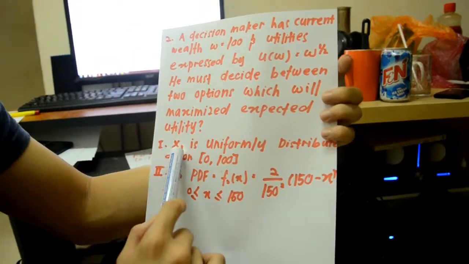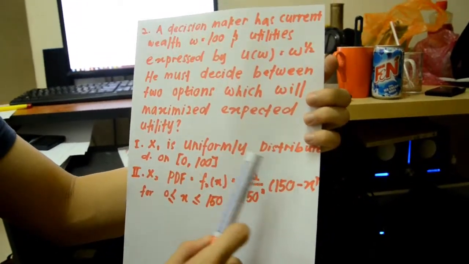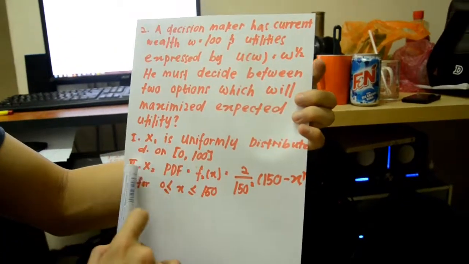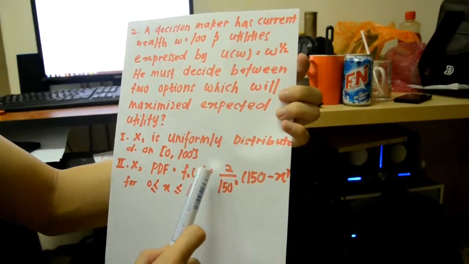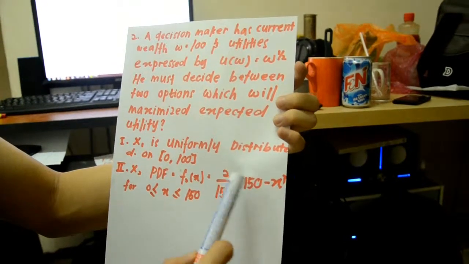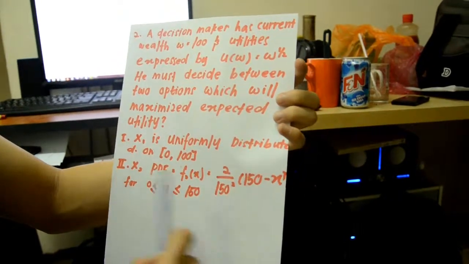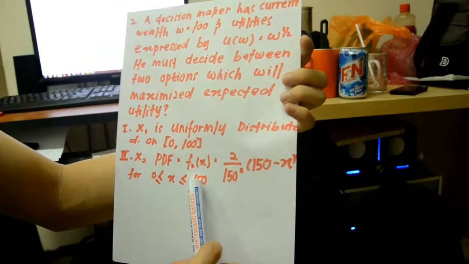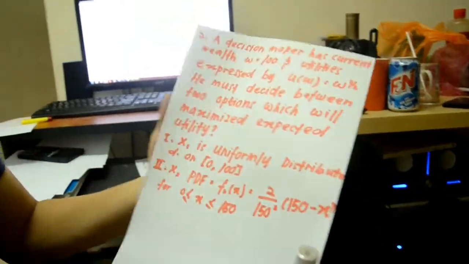The first option is uniformly distributed on 0 to 100. And the second option has PDF f(x) equals 2 over 150 squared times (150 minus x), for x from 0 to 150. So let's solve this question.